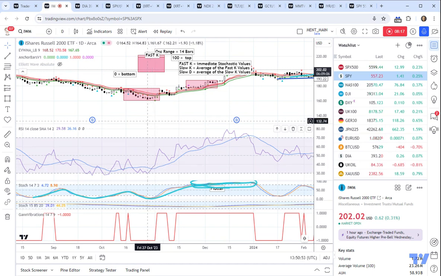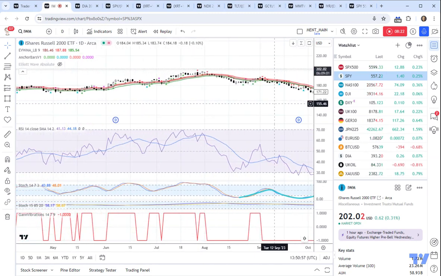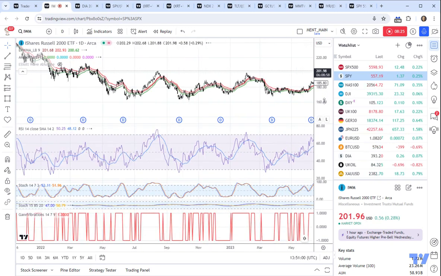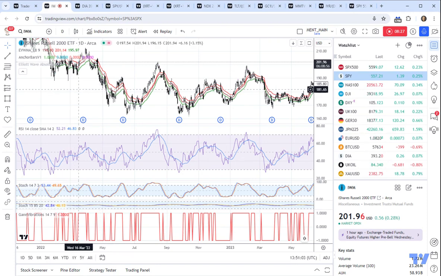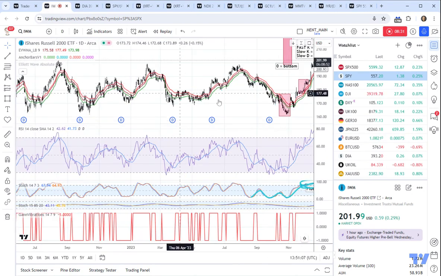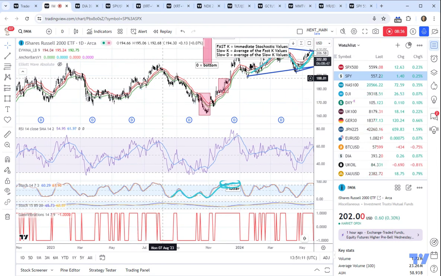So understand that in big trends, for example, let's find a nice solid trend here. I know the IWM was moving quite a bit higher. So this is an IWM. Well, we don't get much, but we can use this downtrend, I guess, as an example. Here in this downtrend, you can see that RSI moves down, the blue or the purple line, into oversold territory.